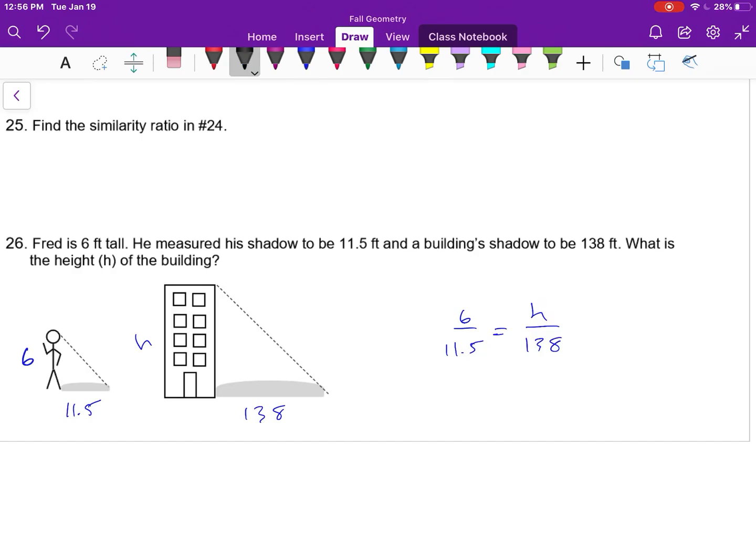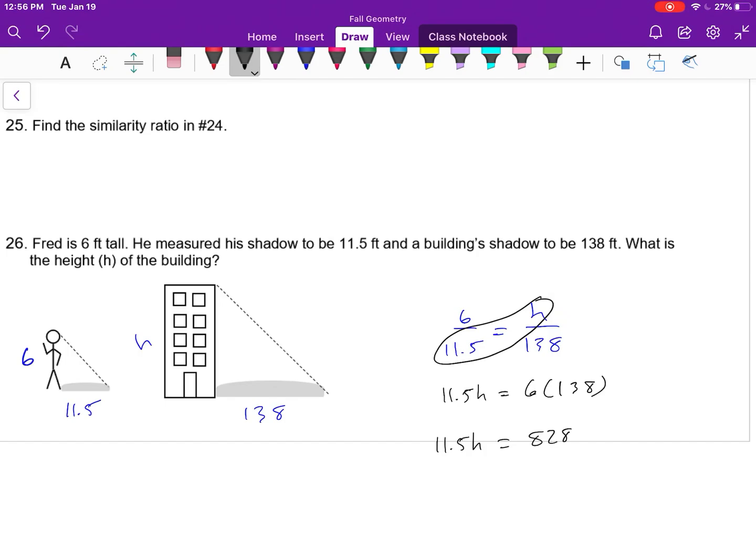And then you can just go ahead and cross multiply. 11.5h is equal to 6 times 138. And whatever you do at the very end, you want to divide the value that you find. So 6 times 138 is 828. 11.5h is equal to 828.